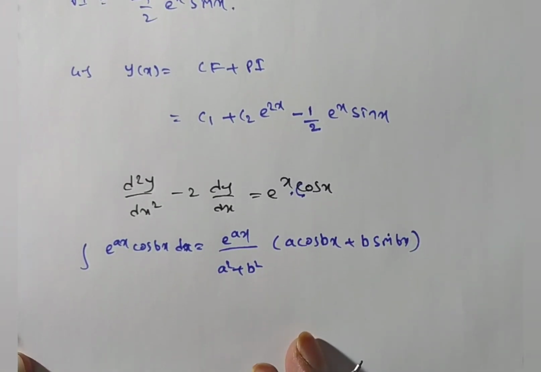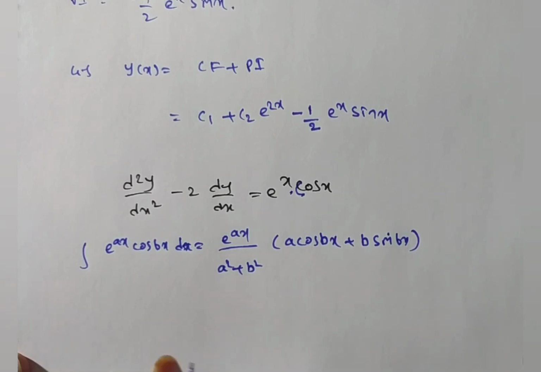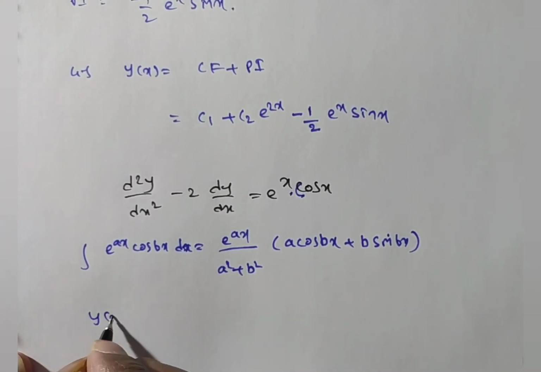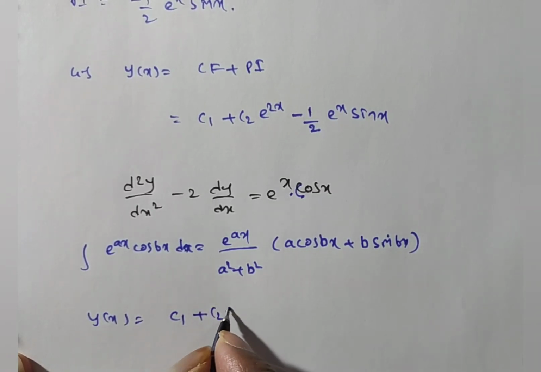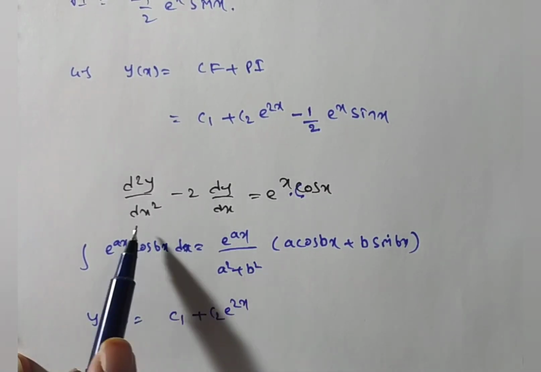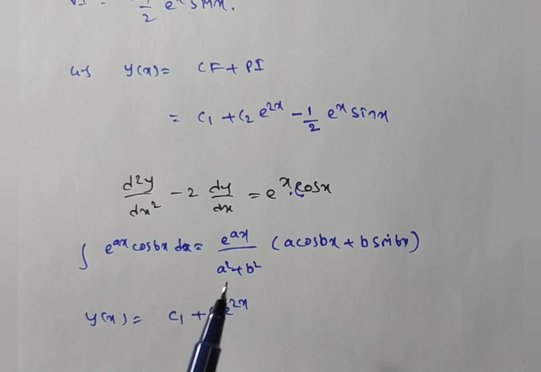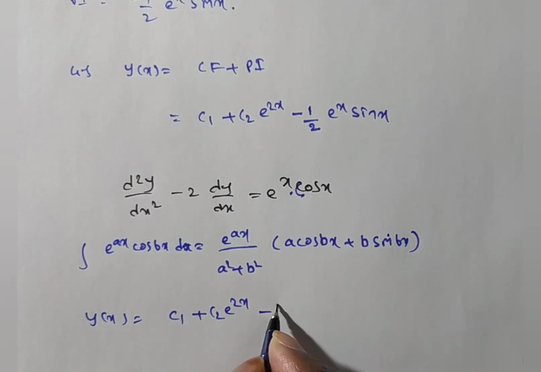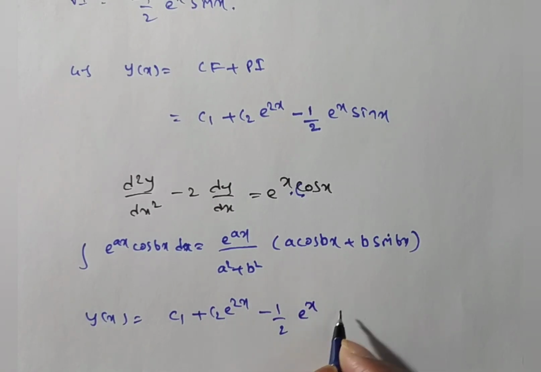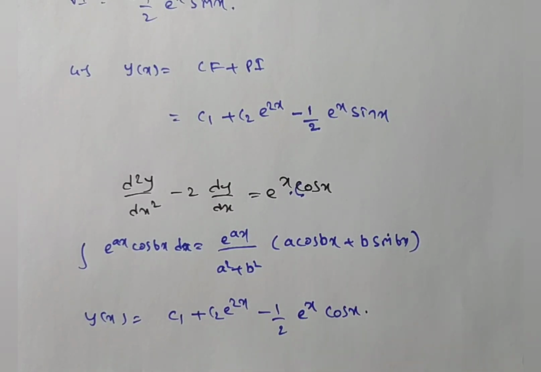So you try to solve this problem. Then you will have the general solution y of x is equal to c1 into 1 plus c2 into e to the power of 2x, because f of D into y is as it is. Now here only cosine x is changed. In this case you will have minus 1 by 2 times e power x into cosine x. Please try to solve this problem.